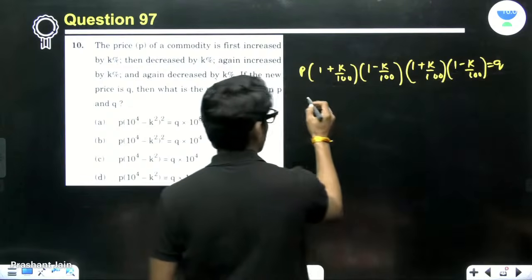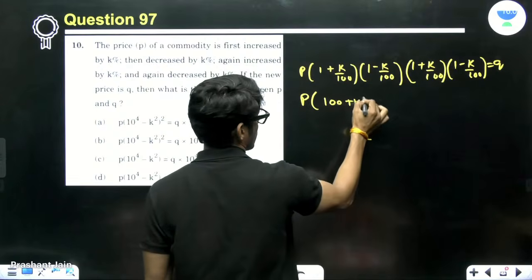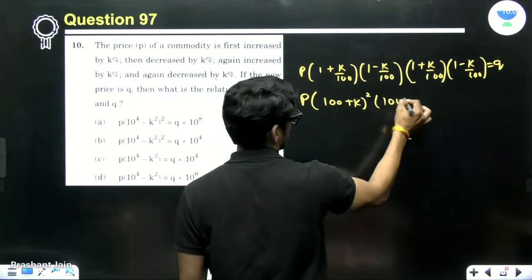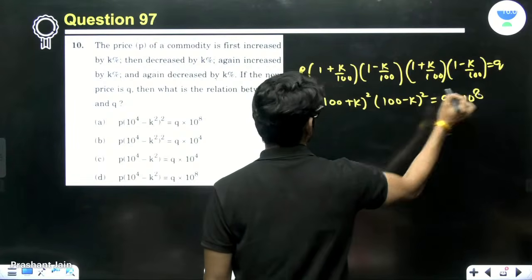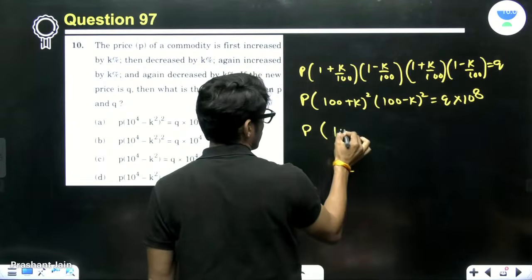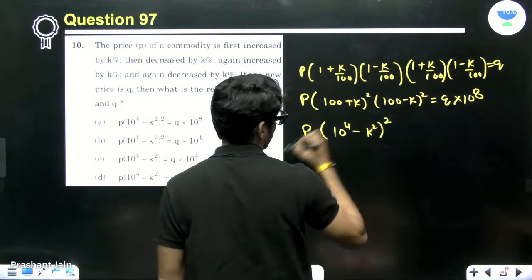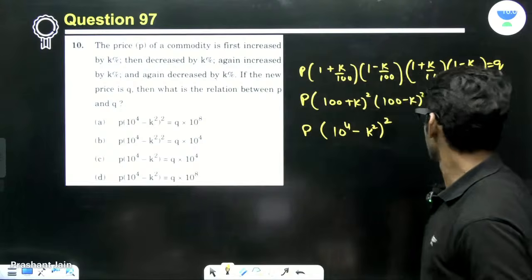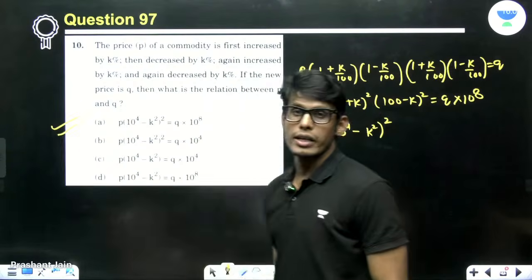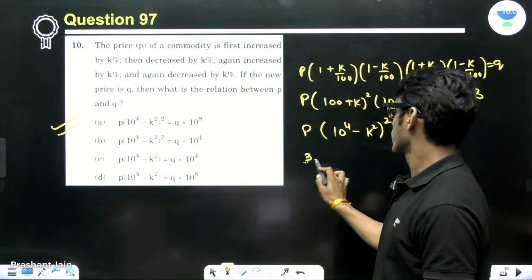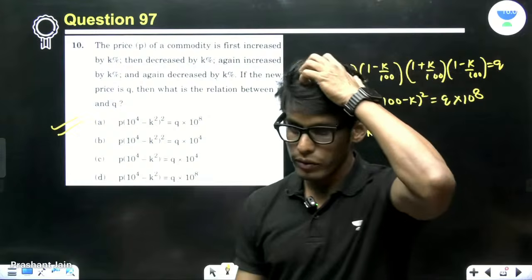It is very much visible. (100 plus k square) into (100 minus k square), Q into 10 to the power 8. So P (10 to the power 4 minus k square) whole square. Right? Answer A. 100% doable problem. 3 out of 5.